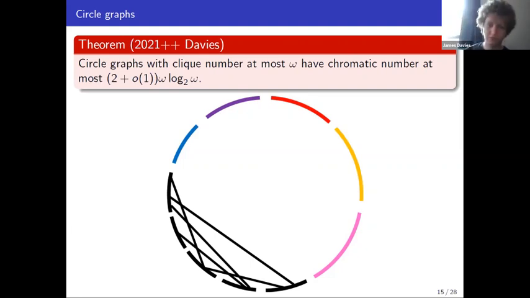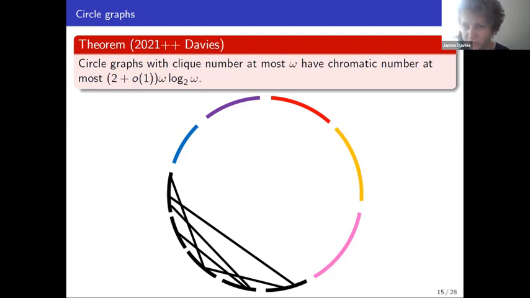So we want to be able to color this in such a way that within any one of these arcs, we don't add too many colors. So we'd hope that this shouldn't be too hard. One thing we should be concerned about is that this might not necessarily be any easier of a problem than coloring circle graphs in general.